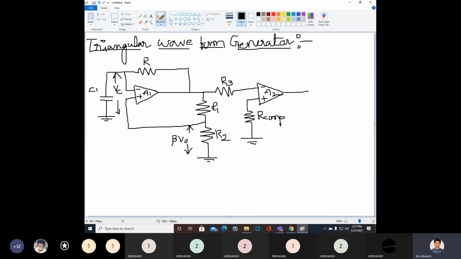Here you need to connect resistor, capacitor C2 and R4. Okay, here we are getting the square wave, right? This is the square wave generator. A triangular wave generator is formed by connecting an integrator to a square wave generator.